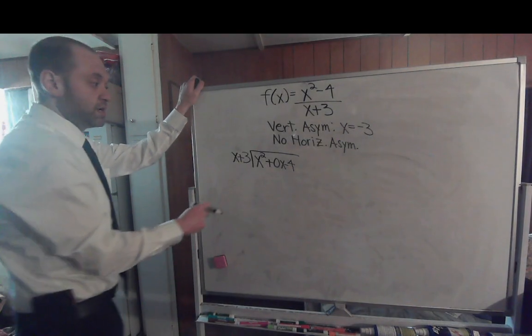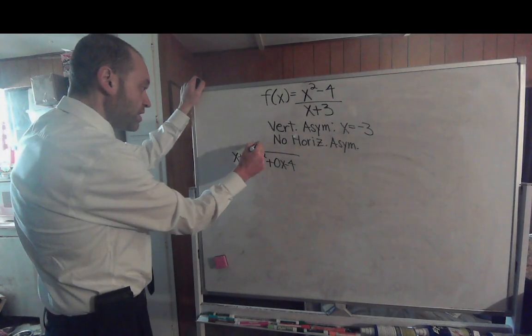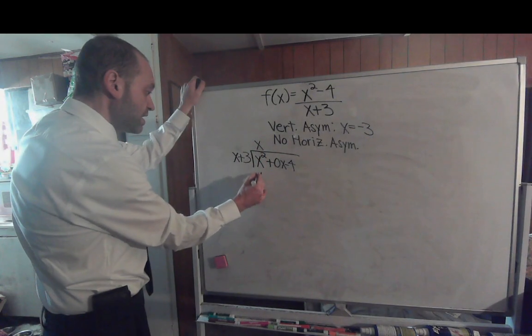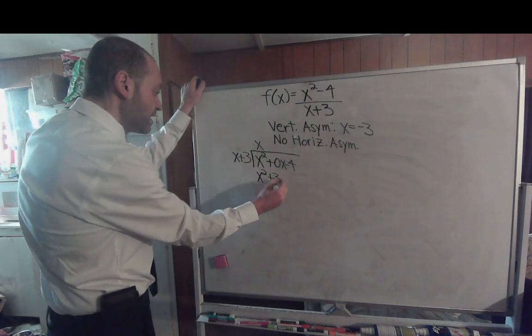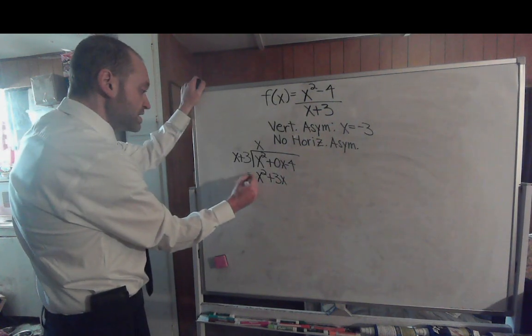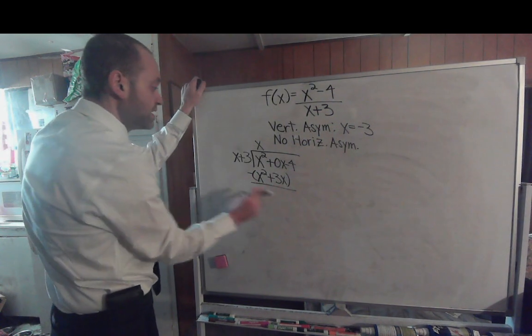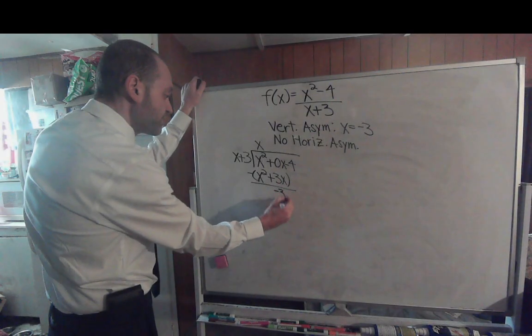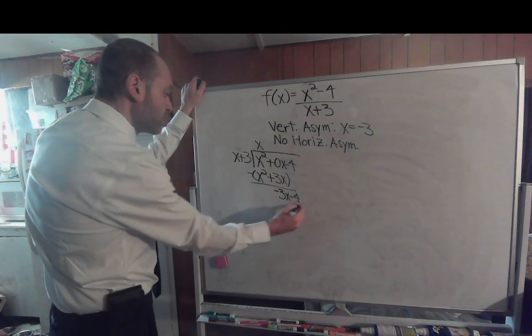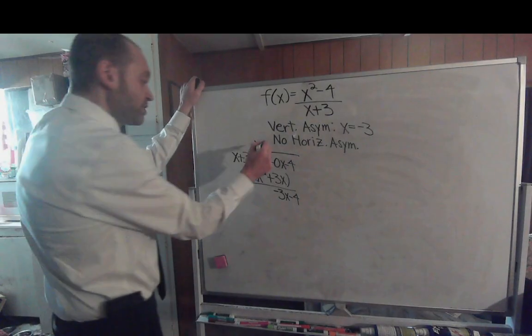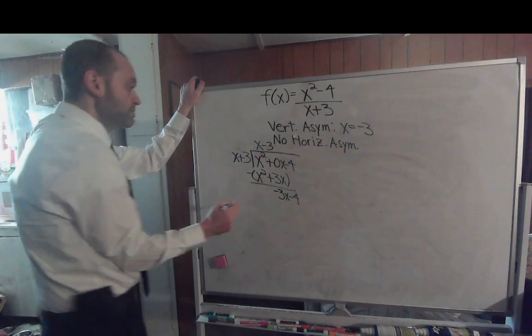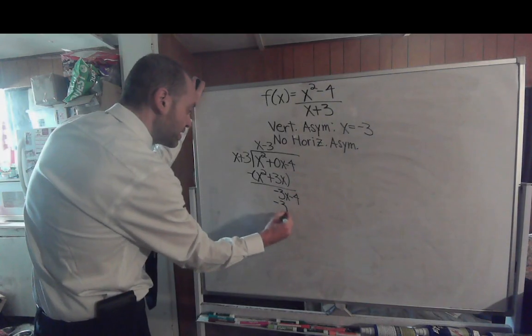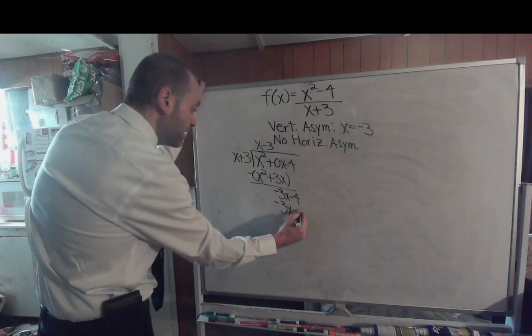x goes into x squared x times, so you would end up getting x squared plus 3x. Subtract, you would get -3x minus 4. x goes into -3x, -3 times, so you would end up getting -3x minus 9.